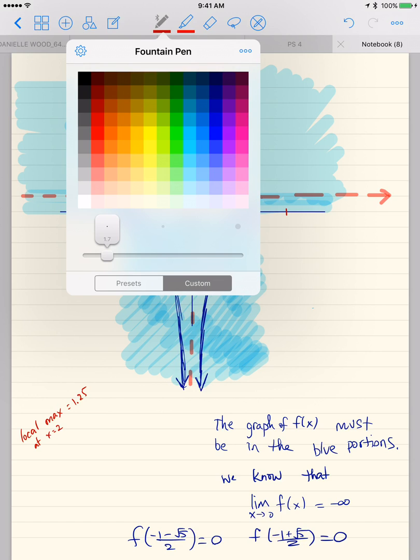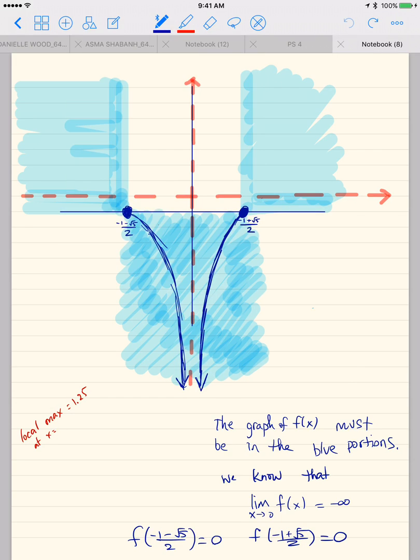We can just go ahead and say that 2 has to be bigger than -1 plus root 5 over 2. And since this is y equals 1, our 1.25 should be somewhere like up here. So this is our local max. So since it's a local max, the function should look something like that. And then nowhere else is there a local max.